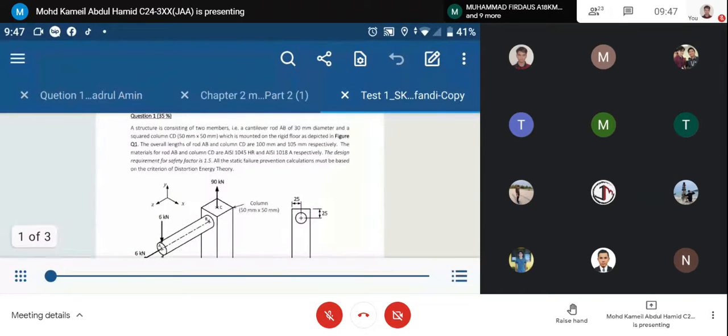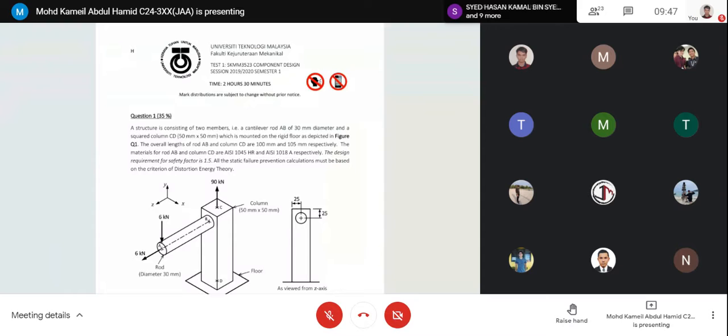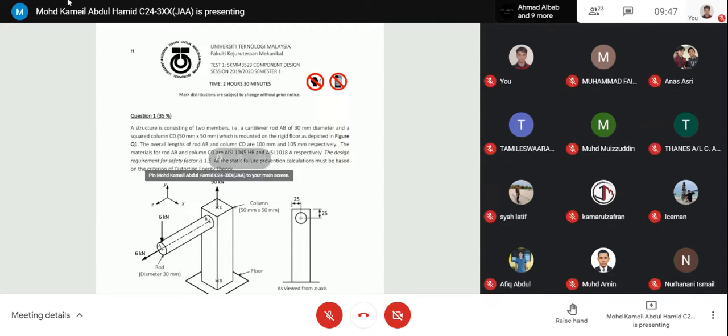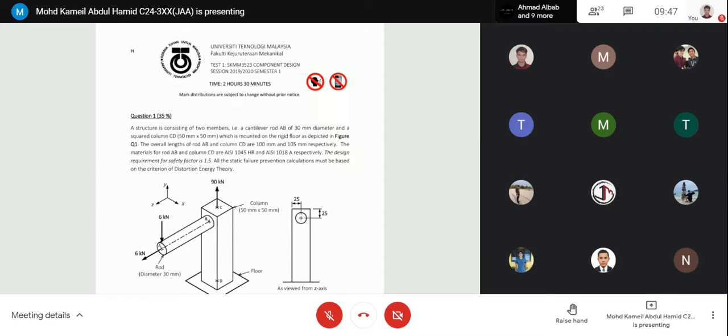You are given a structure consisting of two members, a cantilever rod AB and a square column CD, mounted on the rigid floor as depicted in figure Q1. Overall length of rod AB and CD are given as 100 mm and 105 mm. The materials are AISI 1045 HR and AISI 1018. The design requirement for safety factor is 1.5. All the static failure prevention calculation must be based on the criterion of distortion energy.